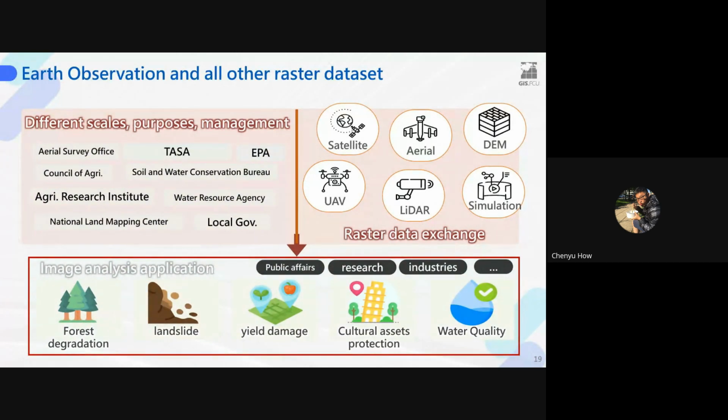Consequently, different government agencies and research institutions not only invest considerable resources in collecting and purchasing image data, but also face challenges on how to store and how to share this kind of data, right?